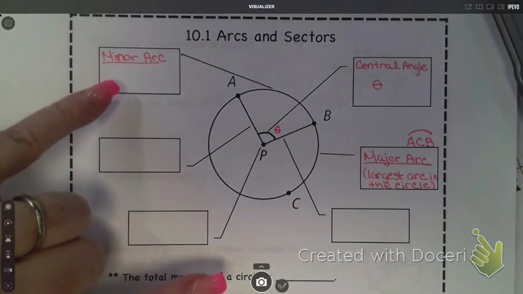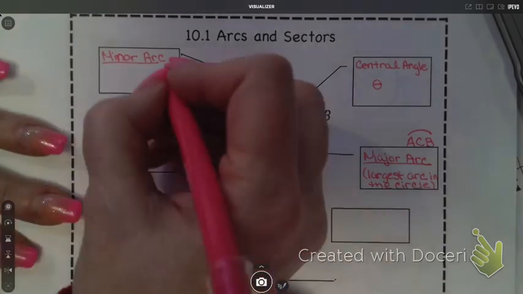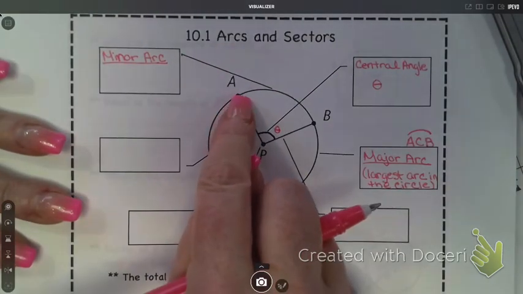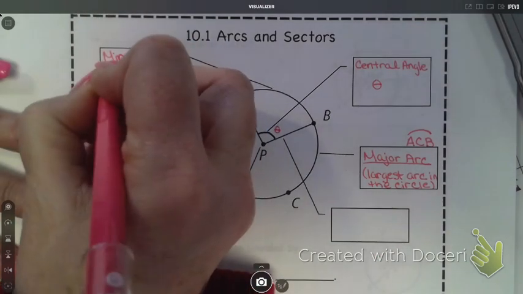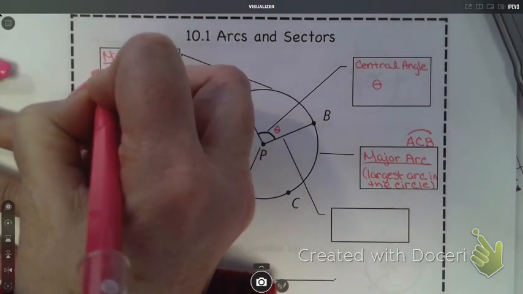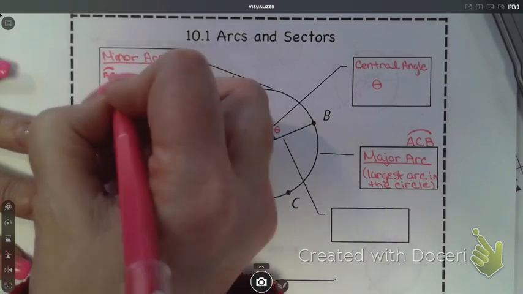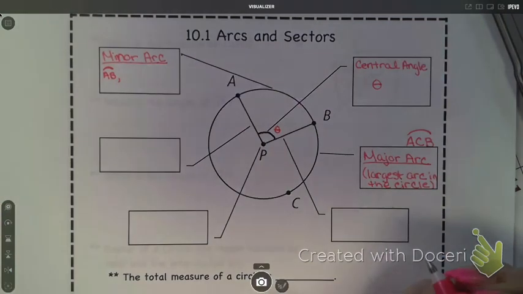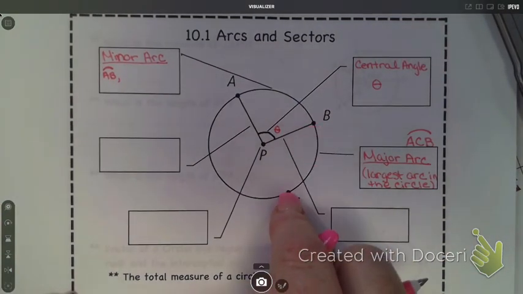Okay, so minor arcs are any other arcs in the circle. So this one is pointing towards what? AB. So it would be arc AB. But is there another minor arc? What about BC? Would that be a minor arc?